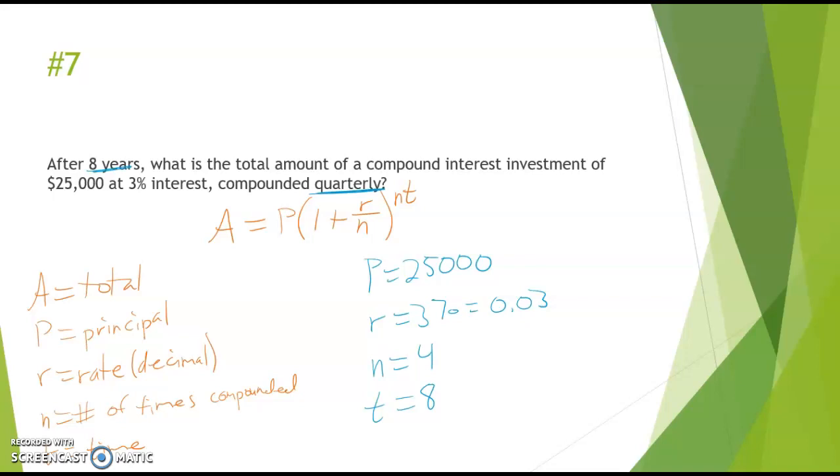So then I'm just going to plug everything into my formula. So I'll have A equals 25,000 times (1 plus my rate of 0.03 divided by 4), and then to the 4 times 8. Plug that into my calculator. And once you plug that into a calculator, I got that my total would be $31,752.78.